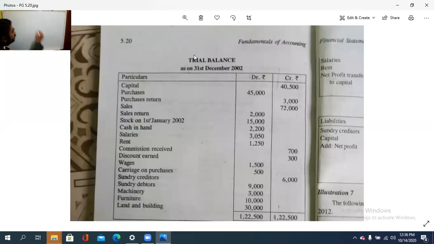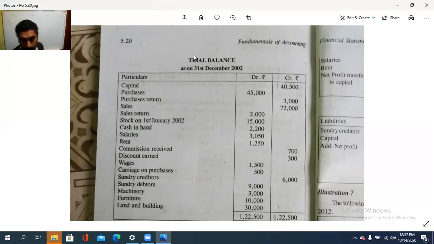Balance sheet, asset, liability, amount, and this is also amount. So firstly, capital. Capital is 40,500 and net profit. How much is it?